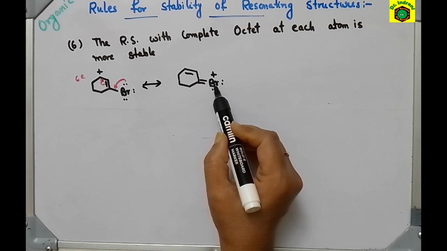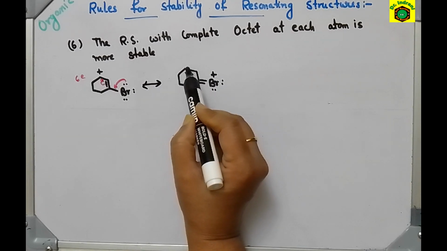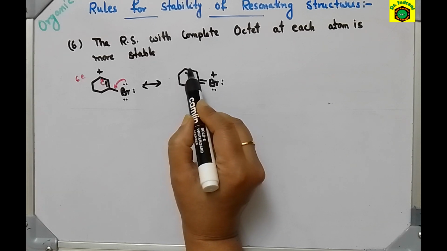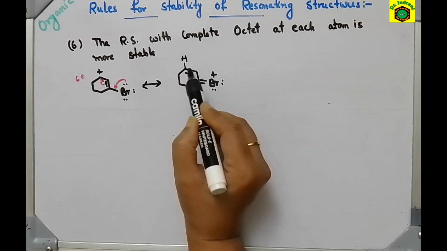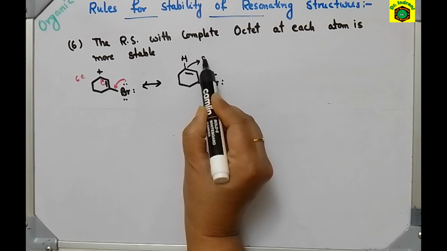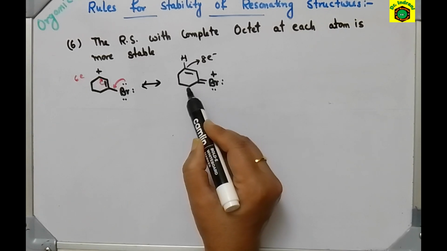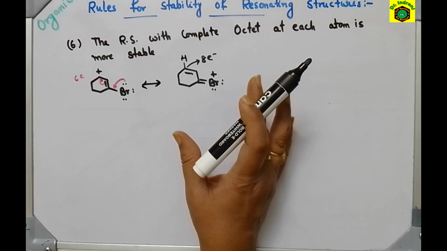Bromine atom is having 8 electrons. Here one hydrogen is there. You have to satisfy the valency of carbon. So 1, 2, 3, 4, 5, 6 and here one hydrogen is there. 7, 8. So it is having 8 electrons. It is also having 8 electrons. All other carbons are having 8 electrons in its valence shell.